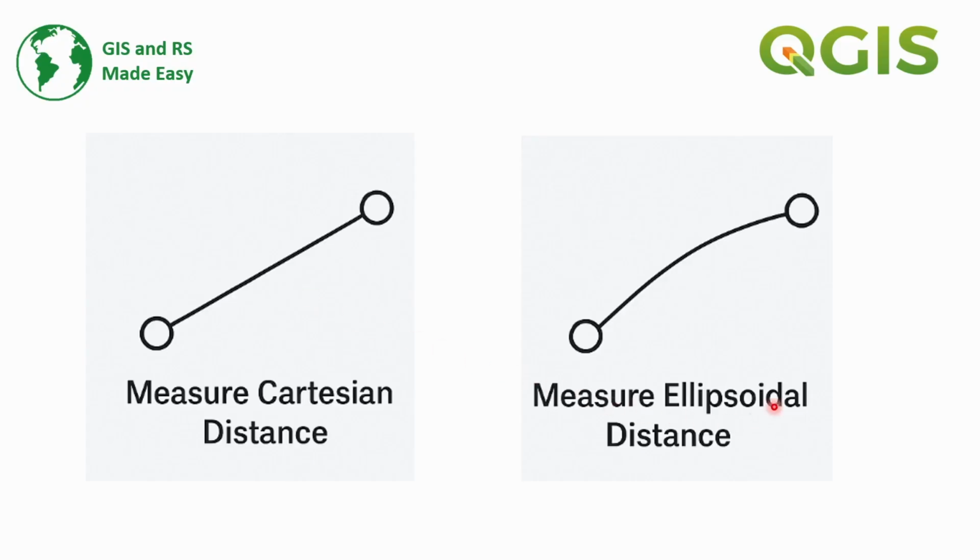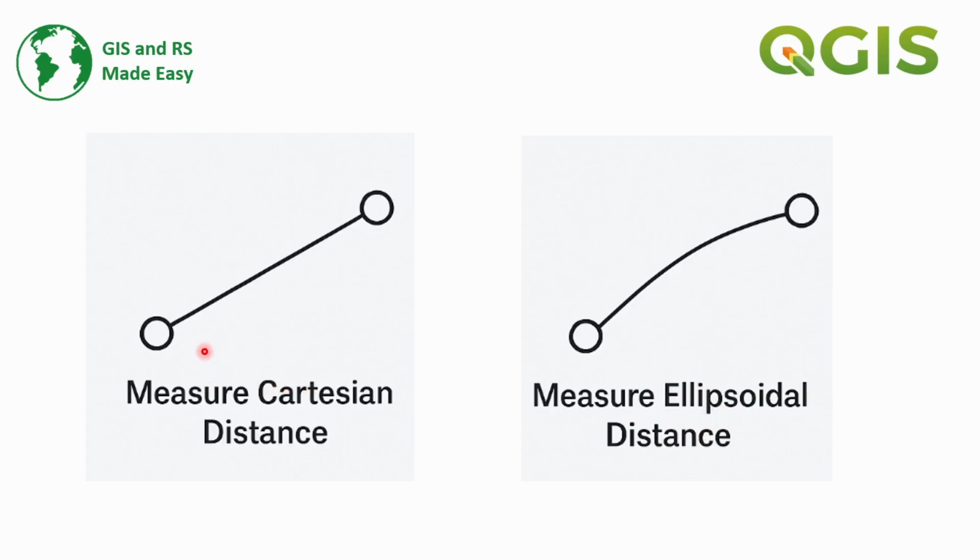And if we use the ellipsoidal distance method, you can see that the calculation method honors the ellipsoid. So it will calculate based on the Earth's surface. It will not convert the surface into any flat surface. So for a bigger region, if you want to measure the distance between a bigger region, it will be better to use this ellipsoidal method.